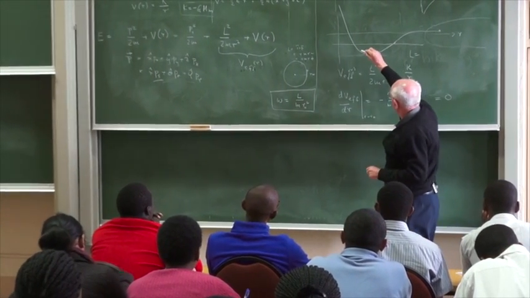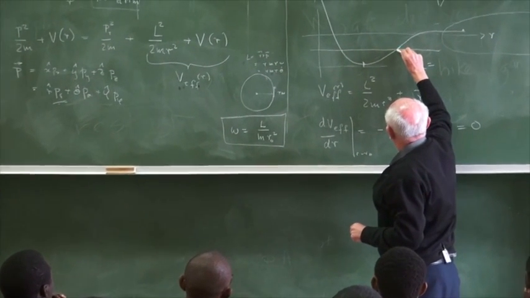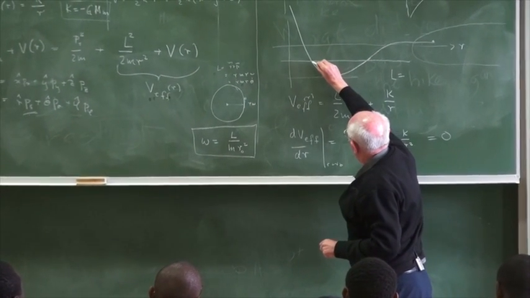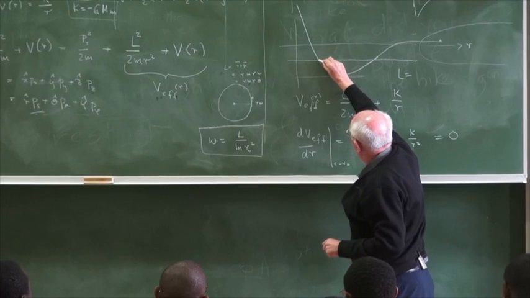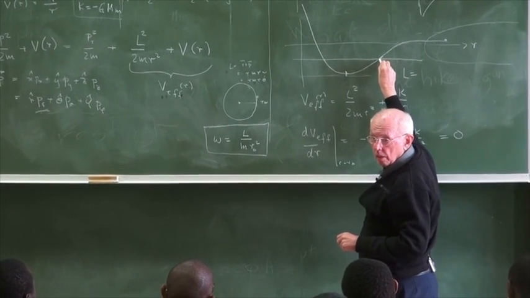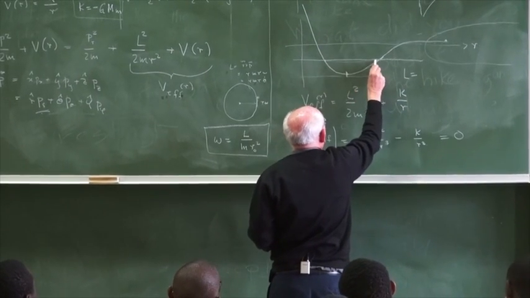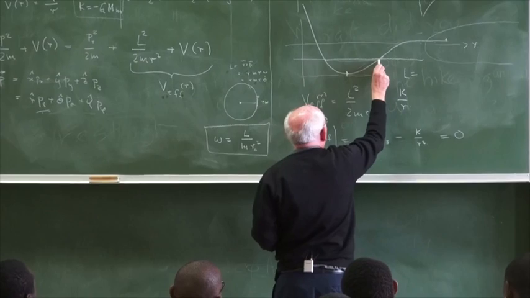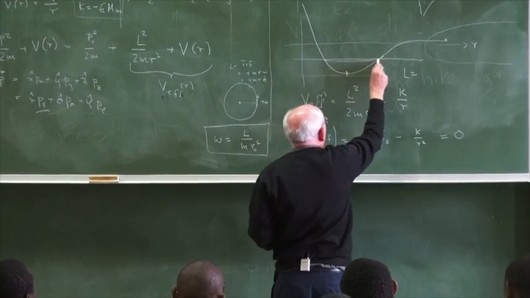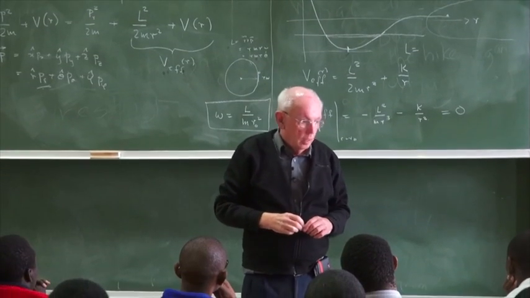And now you can see what happens. It can be here or it can be there. And in general, it will just move around here like this, as we have seen before.